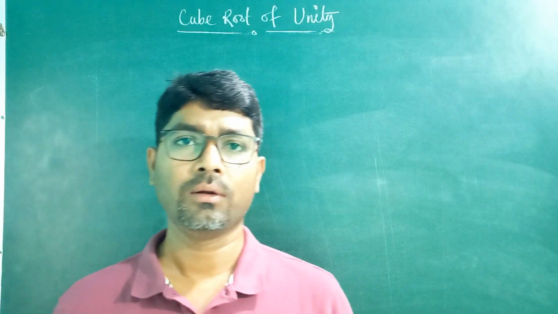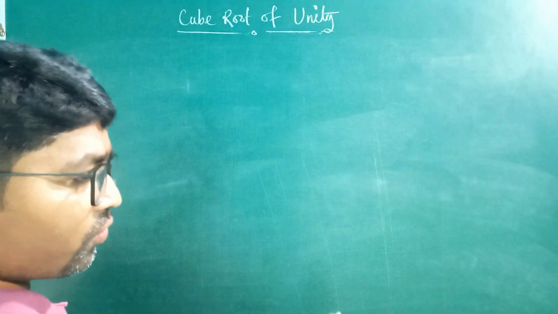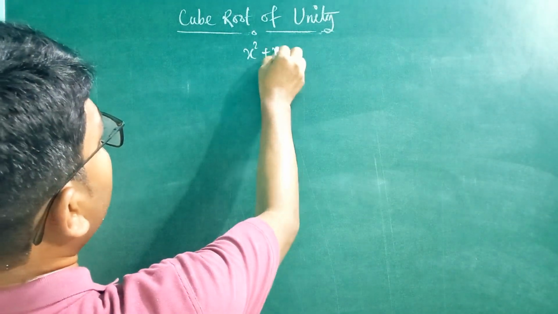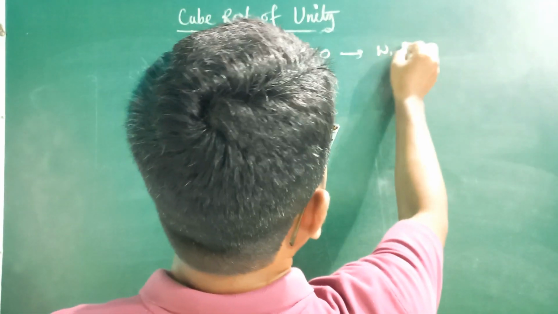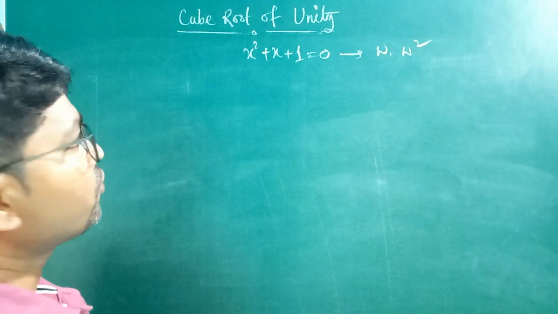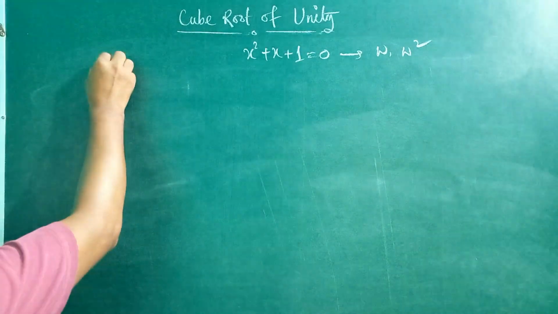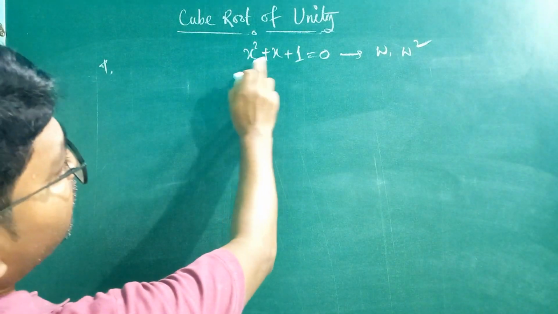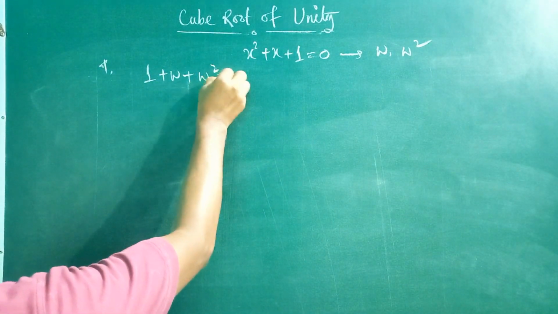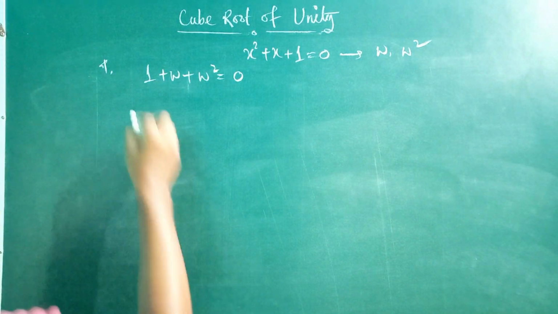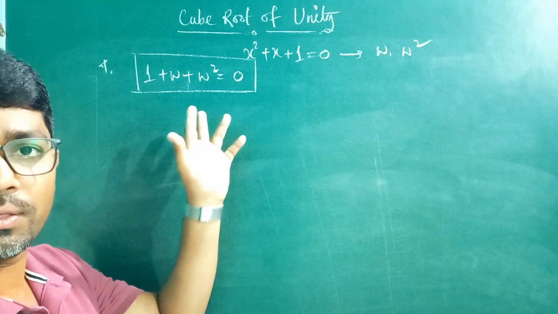Now come to the fourth point. We have got this omega from the equation x square plus x plus 1 equal to 0. By solving this one, we get roots omega and omega square. So obviously omega will satisfy this equation also. So number 4 point: if you replace omega in this equation, you get 1 plus omega plus omega square equal to 0. This one is your second important property of omega. Now how can you visualize this?